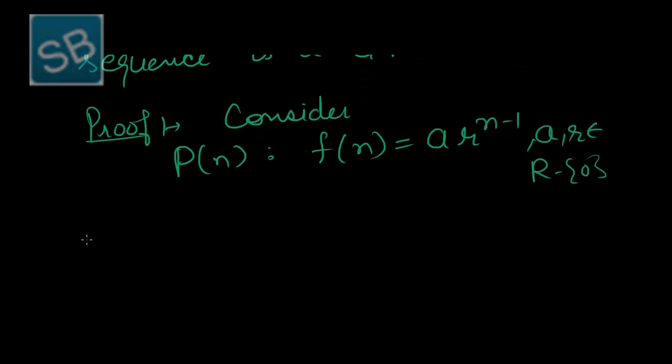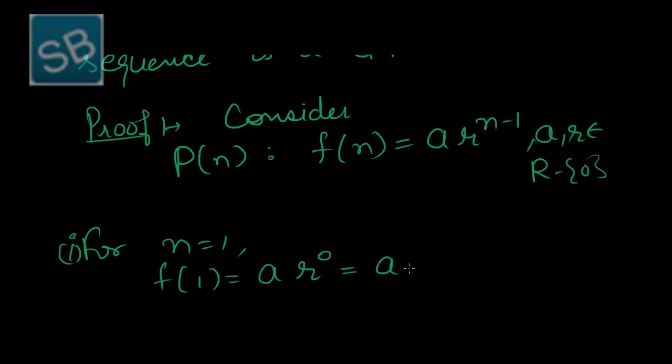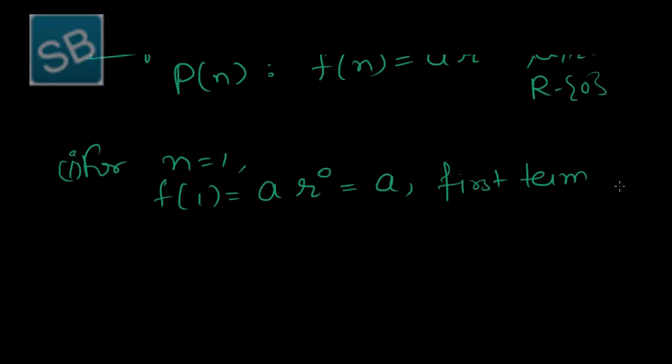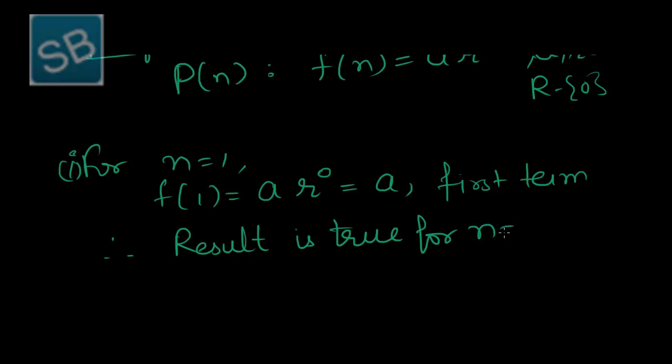Now for n is equal to 1, this is the first part, we get f of 1 is equal to a into r raised to power 0, that is a, the first term of GP, which is true. Therefore the result is true for n is equal to 1.